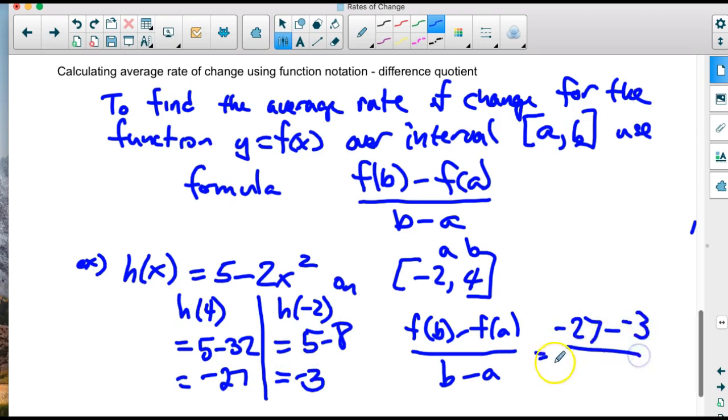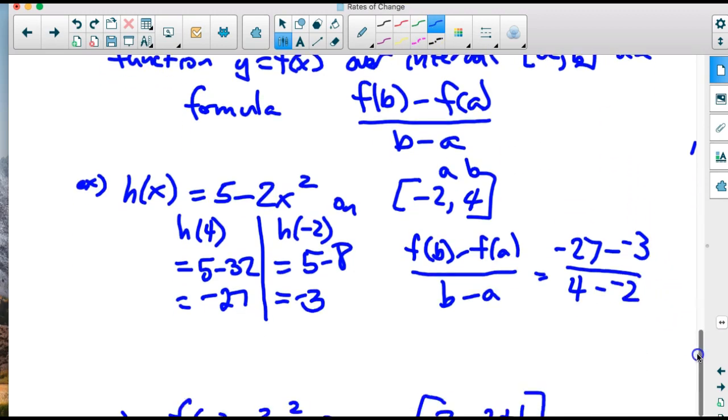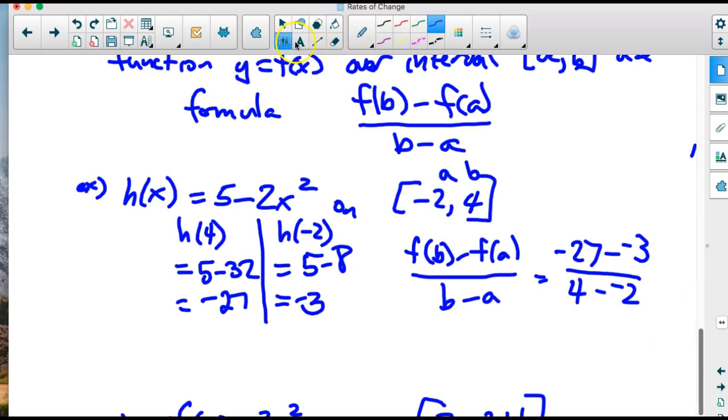And then on the bottom we'd go 4 minus -2. Again, we're going to change signs here. These become positive. So we're going to get -27 minus 3, which is -24. And then the bottom number is 6. So the average rate of change here is going to be -4 for this value.